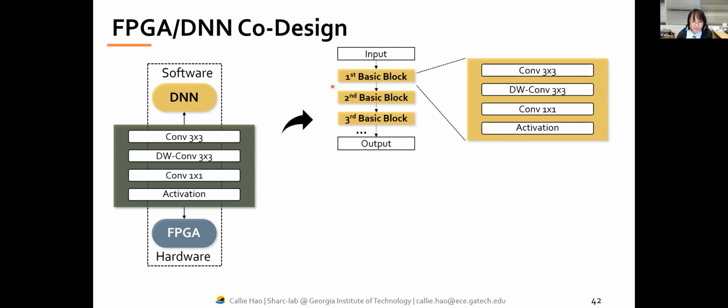Then all of a sudden we have a very good deep neural network. Each block looks like this. This is a basic cell. This is how the basic cell can be used to decide the DNN architecture.